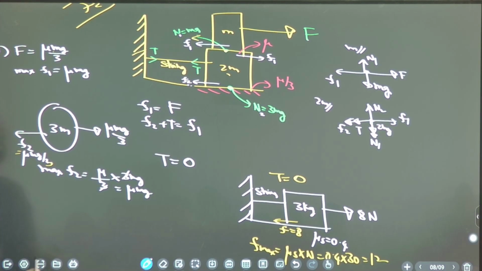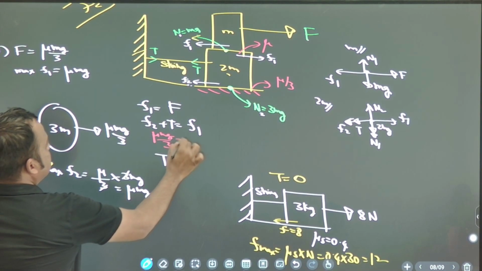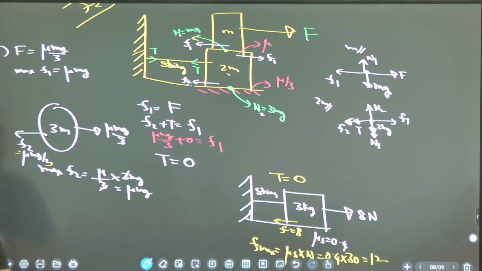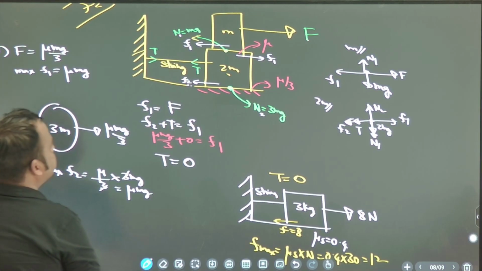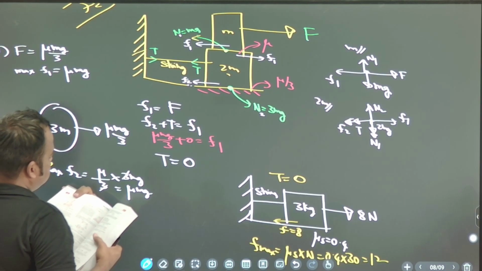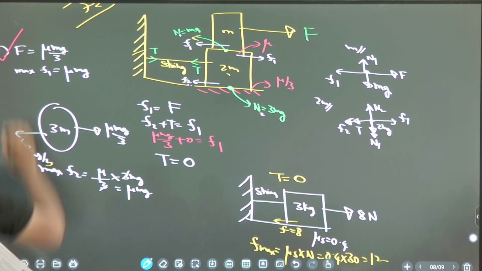Balance: mu mg by 3 plus 0 is equal to F1. So F1 is equal to mu mg by 3, tension 0. So option A is correct.